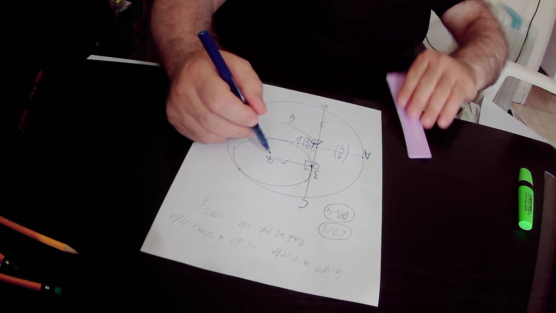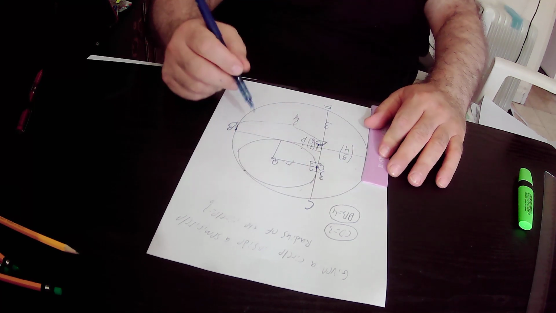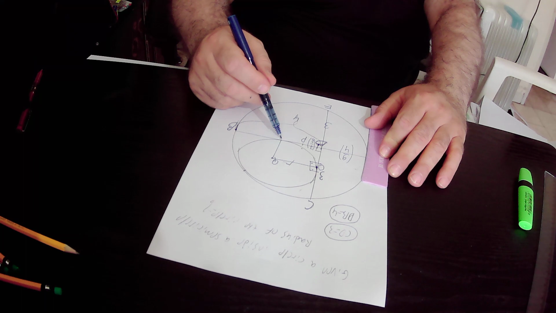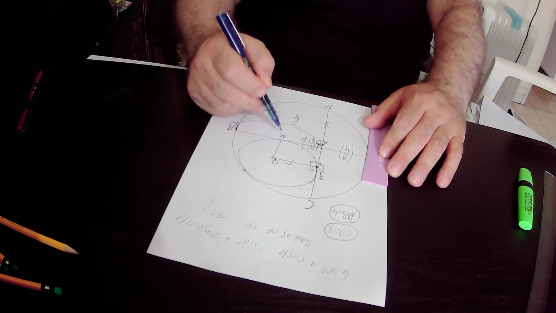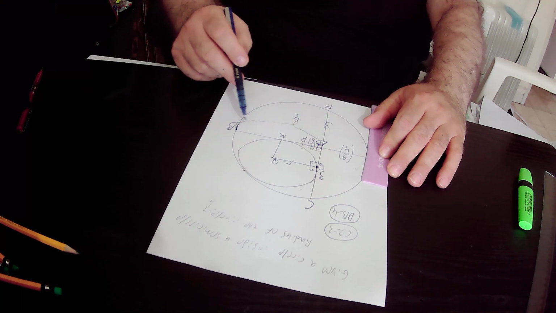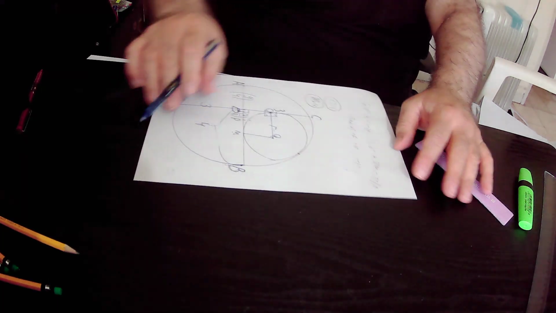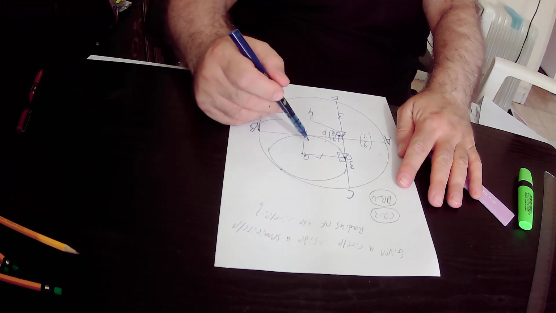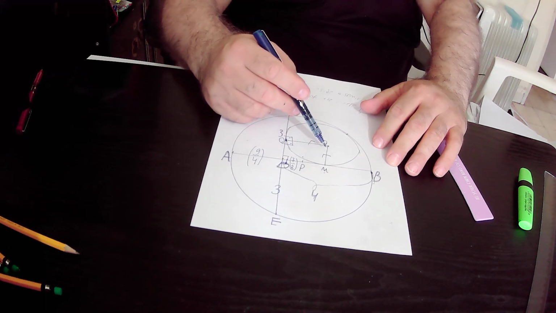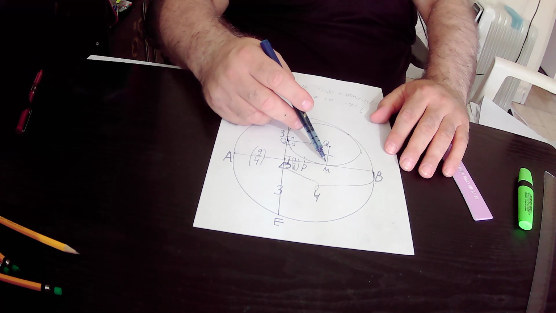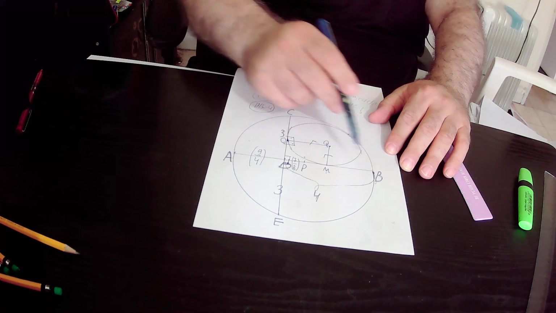We will define the point of tangency of tangent DB with this small circle as point M. QM is the radius of this small circle, that is to say it equals r, and the radius QM is drawn to point M, the point of tangency of tangent DB with this small circle.